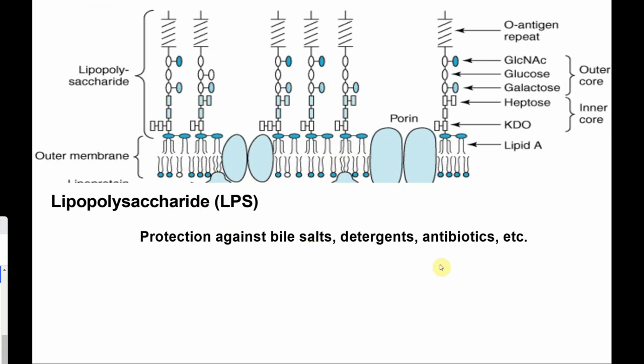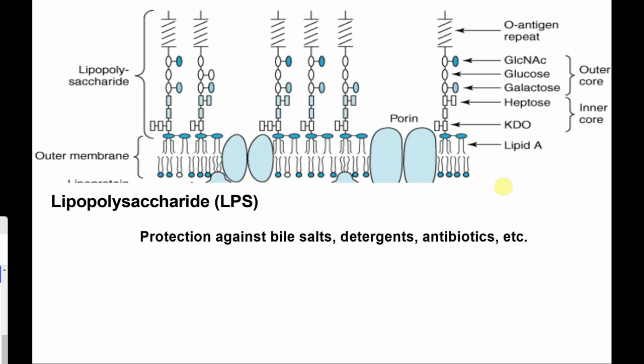Some antibiotics also attack the outer membrane of gram-negative bacteria, and antimicrobial peptides that we produce also disrupt the outer membrane. And LPS, lipopolysaccharide, gives gram-negative bacteria some protection against this type of chemical attack.